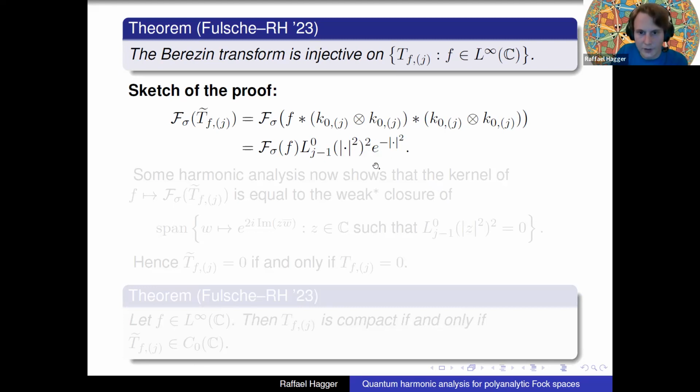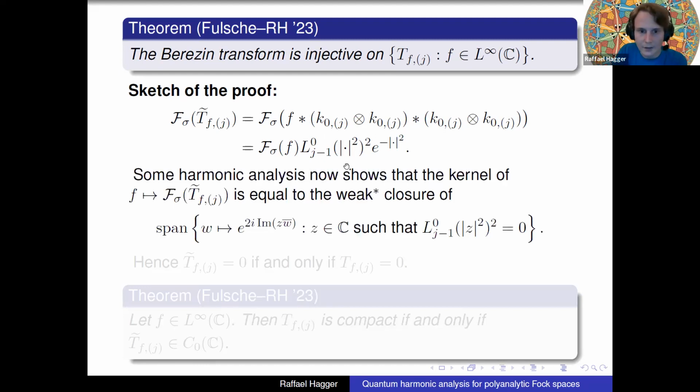And now, with the same harmonic analysis argument, you can compute the kernel of this. The kernel is again the weak star closure of the span of the characters, where z is such that this thing is zero. So it's again the same argument from harmonic analysis.